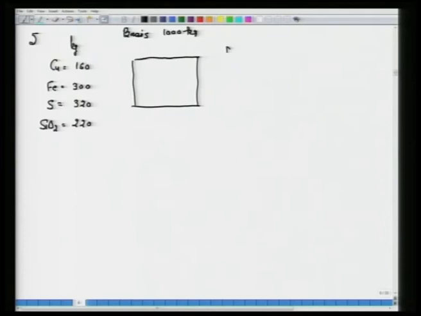So, you get here matte, and the matte contains Cu2S as per the statement of the problem and contains FeS. It also gives slag, which contains FeO, SiO2 and calcium oxide. Then you have gases, SO2 and N2.